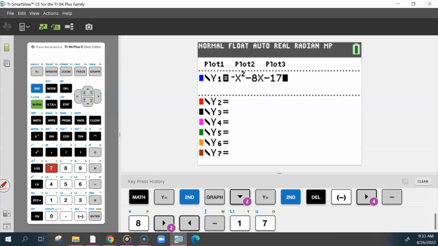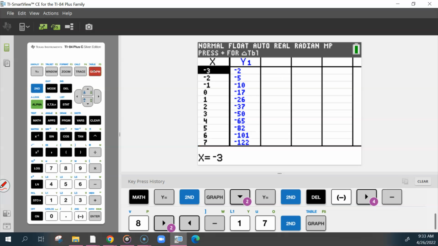So if I just put this into my calculator and looked at my table of values, these are going up, these are still going up, but now they're going back down. Somewhere the values start to repeat themselves, and that would also tell you where your vertex is. Wherever it stops doing whatever direction you're looking at, that would be your vertex.